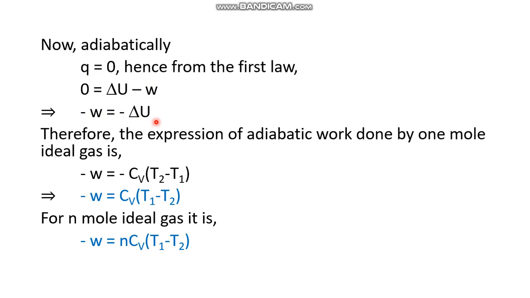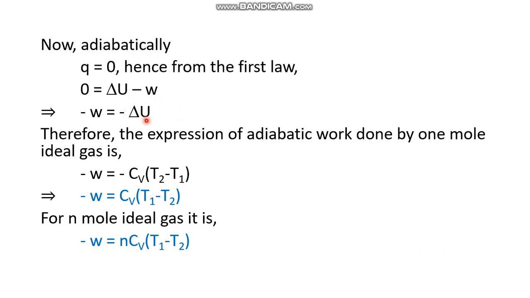Now the expression of adiabatic work done by 1 mole of ideal gas: minus W equals minus Cv into T2 minus T1, because this is U2 minus U1. U2 means Cv into T2, and U1 means Cv into T1.